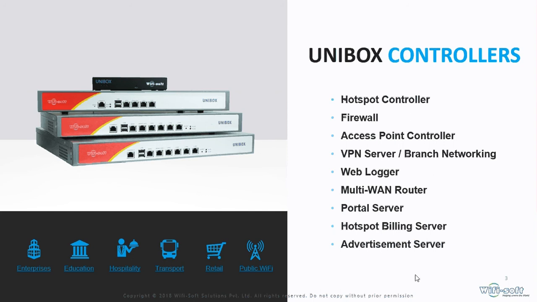It also functions as a hotspot billing server and finally as an advertisement server. In short, UniBox provides different functionality all combined into a single box, and that's essentially why it is called a unified box, or UniBox in short.